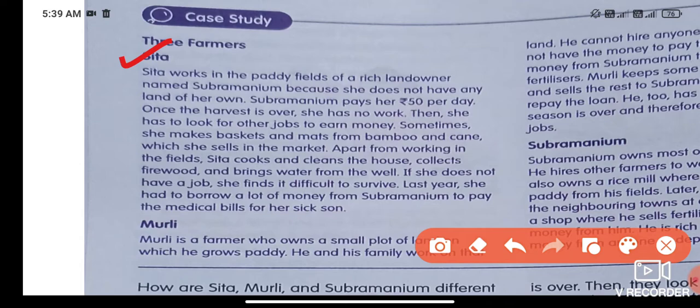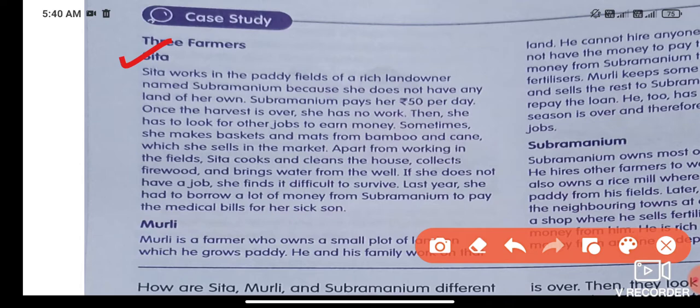Then she has to look for other jobs to earn money. Sometimes she makes baskets and mats from bamboo and cane, which she sells in the market. Apart from working in the fields, Sita cooks and cleans the house, collects firewood and brings water from the well. If she does not have a job, she finds it difficult to survive.